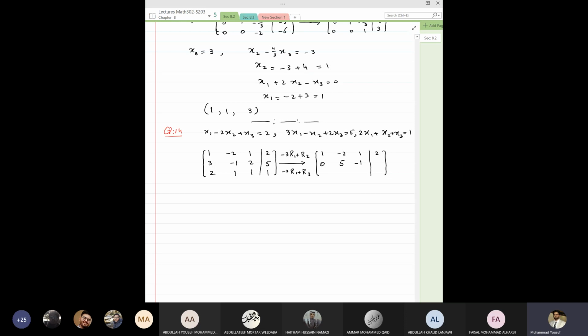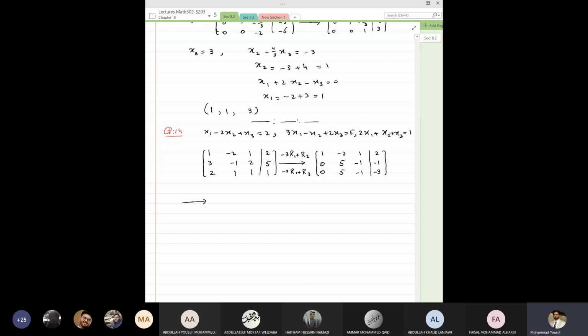Negative 3 times 2 is negative 6 plus 1, negative 1. Now multiply with negative 2, positive 2, 0. Positive 4 and 5. And negative 2 plus 1, negative 1. Multiply 2 by negative 2, negative 4 plus 1, negative 3. Now, you see that on the left hand side we have 5, negative 1, 5, negative 1, but on the other side we have different numbers.